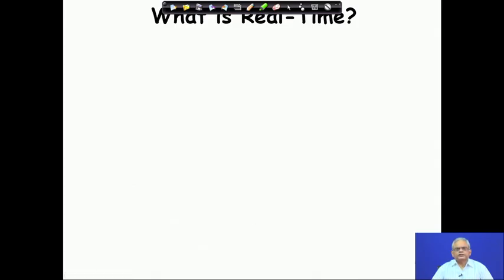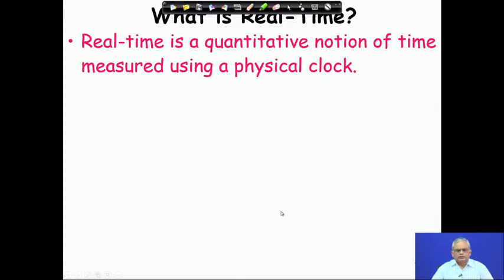So, the first question is: what is real time? In the simplest terms, we can say that real time is a quantitative notion of time measured using a physical clock. But then the question is, how is it different from other systems?